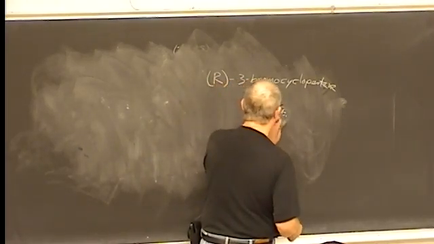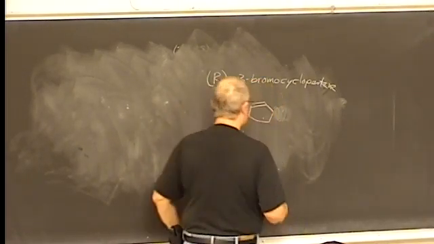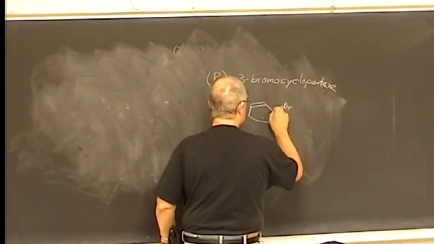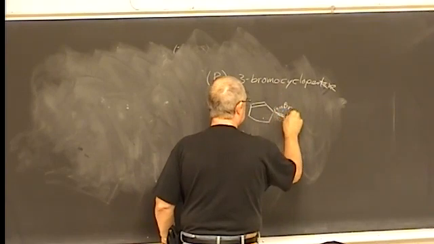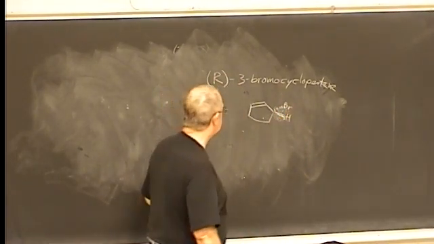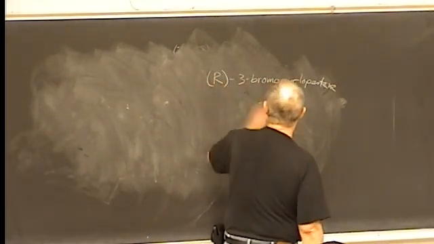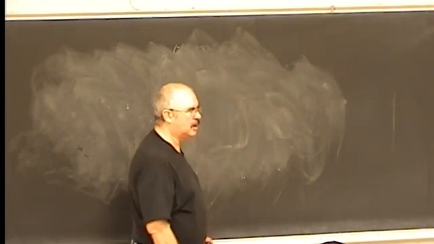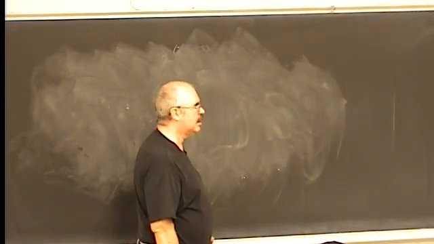If you've drawn the wrong isomer, you can just switch any two groups. So there, I fixed it. And that's the R. Same way with E and Z, which we'll talk about later. I have to be able to tell by looking at it that it is E or Z.